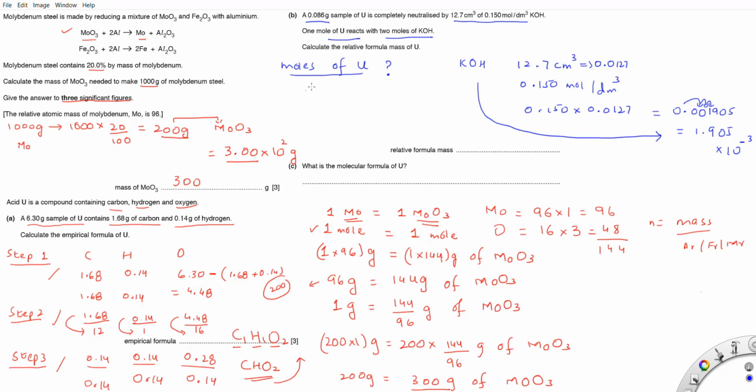For 2 moles of potassium hydroxide, we have 1 mole of U. That means for 1 mole of potassium hydroxide, we would have 0.5 moles of U. So if I'm having 1.905 × 10^-3 moles of potassium hydroxide, then I should have 1.905 × 10^-3 times 0.5 moles of U. This gives me the number of moles of U, and the answer is 0.0009525, or 9.525 × 10^-4. So this basically represents the number of moles.